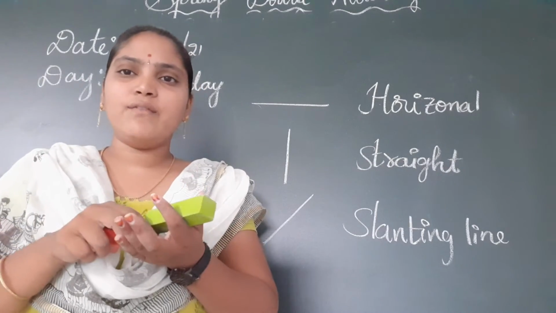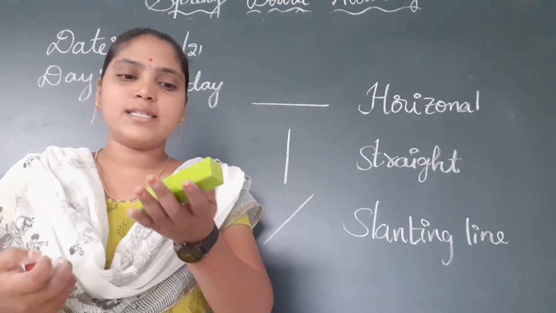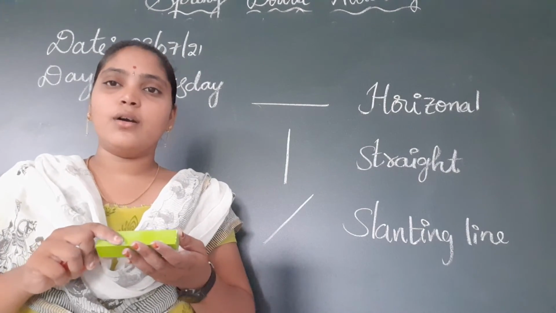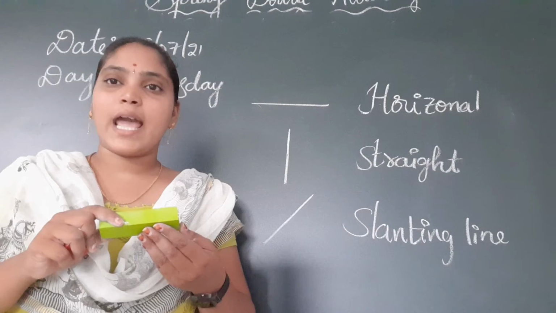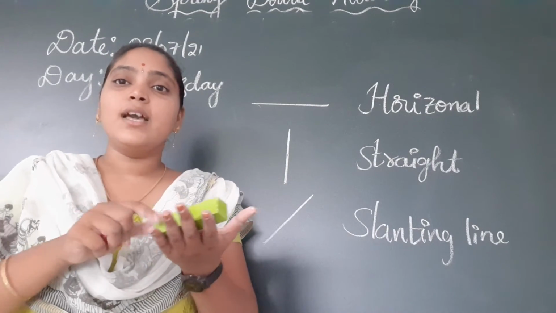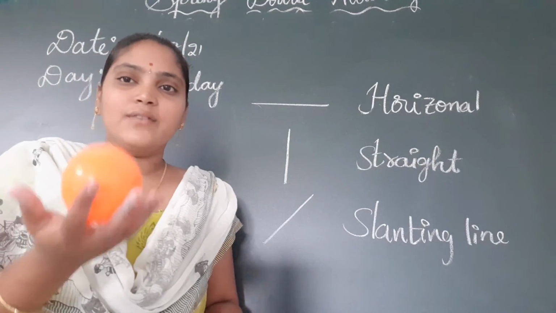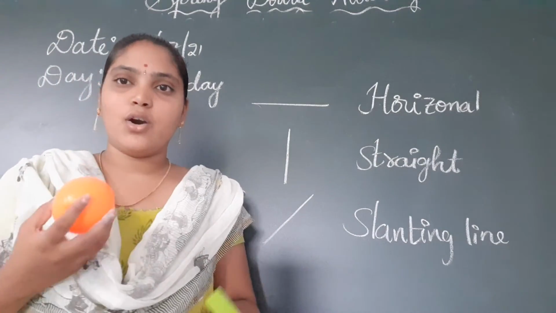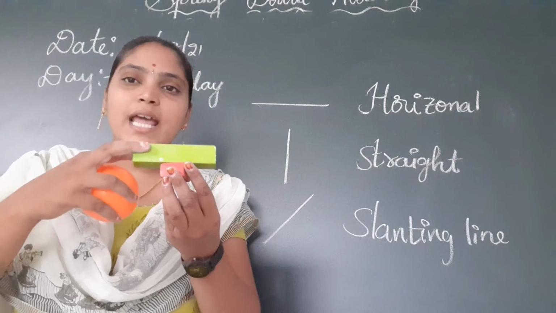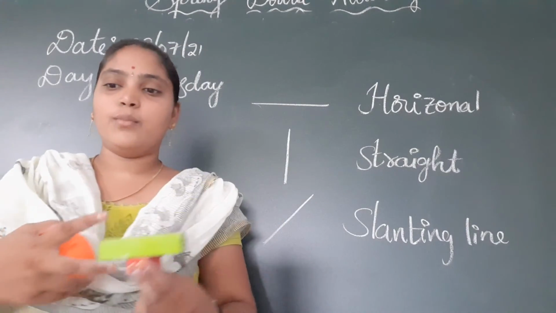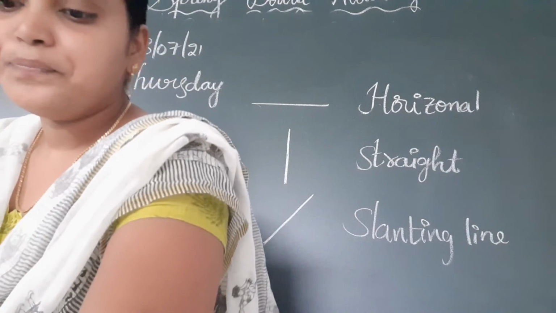Does a cuboid have flat surfaces or curved surface? Flat surfaces only, children. And you have to remember, objects that have flat surfaces can slide, and objects that have curved surfaces can roll. So cube and cuboid can slide, children.